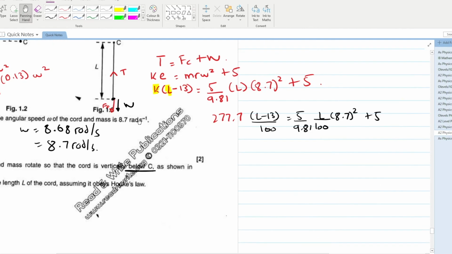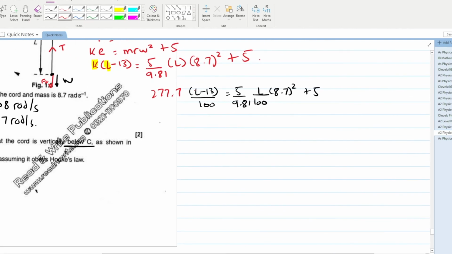इसकी थोड़ी सी कैलकुलेशन हमें ज़्यादा करनी है, तो लेट्स डू इट स्टेप बाय स्टेप. 2.777 L माइनस 13 इज इक्वल्स टू 8.7 का स्क्वायर मल्टीप्लाइड बाय 5, ओके, डिवाइडेड बाय 981.